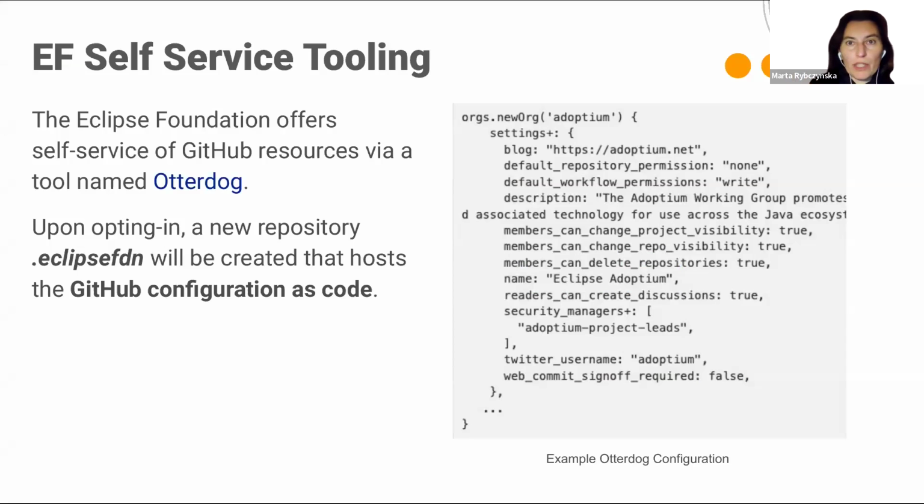Typically, with the committer's permission, this is not possible. So we've developed a tooling that allows you to describe that in a configuration file and pass it through a tooling that verifies the change. If it gets approved, it can modify the settings of a repository.